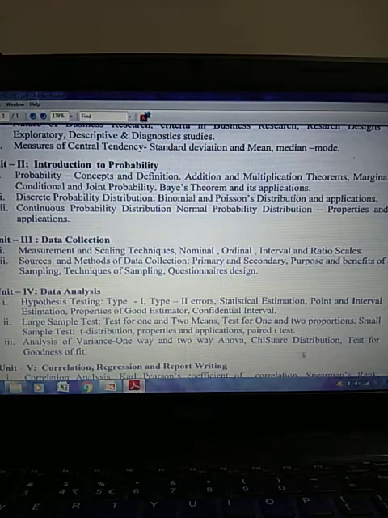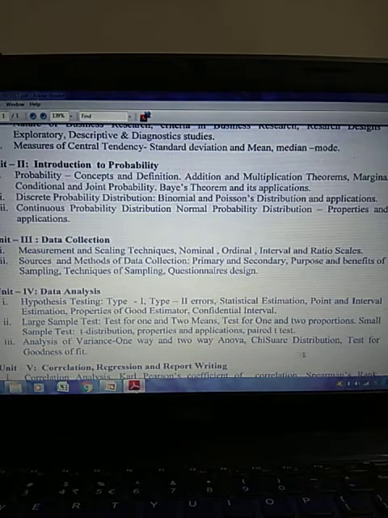Data types: nominal data, ordinal data, interval data, ratio data. What we call NOIR, N-O-I-R. N stands for nominal, O for ordinal, I for interval, and the ratio, isn't it?